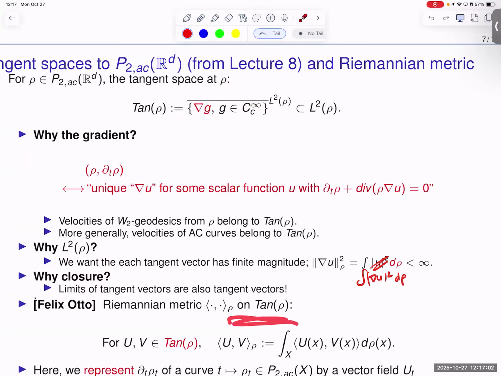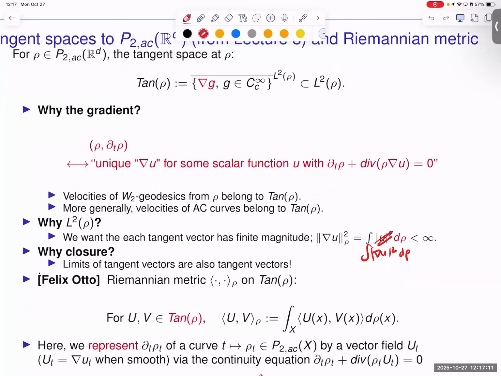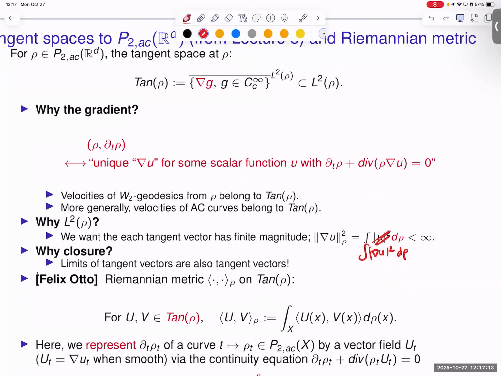Then for that tangent space, we just define the Riemannian metric in this way. This tangent space belongs to L2, so we can just make this L2 product. Great. So this is an abuse of notation.